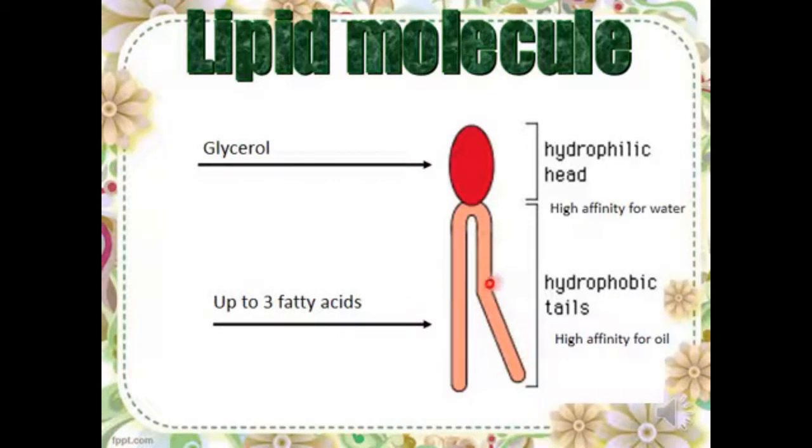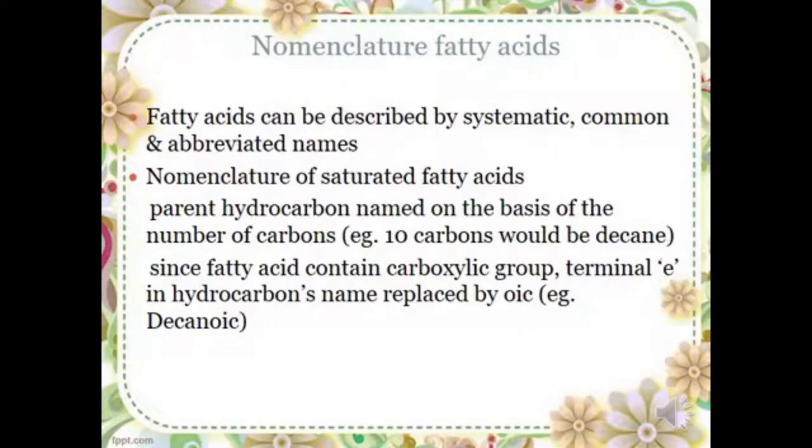So this refers to one fatty acid, another tail refers to another fatty acid, and the third one refers to another fatty acid. Fatty acids can be described by systematic, common and also abbreviated names.